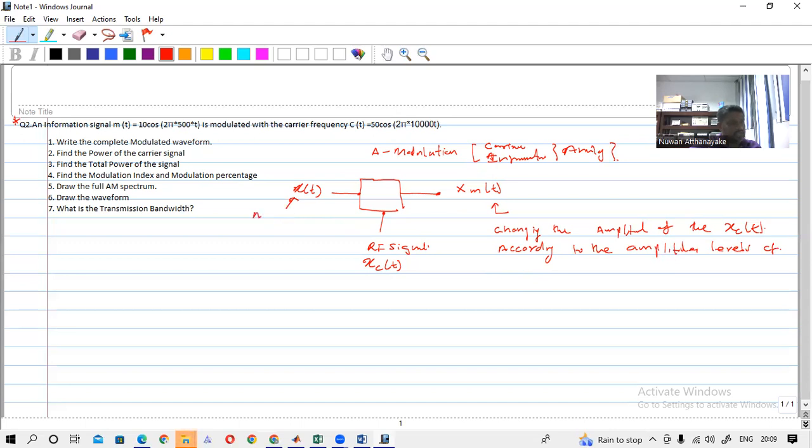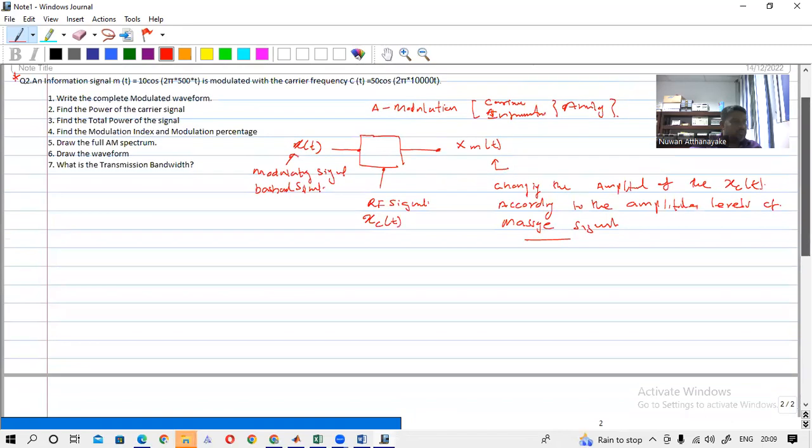This is also called the modulating signal. According to the level of the modulating signal, baseband signal, information signal or message signal, anything. So this is amplitude modulation. We have talked about this several times.